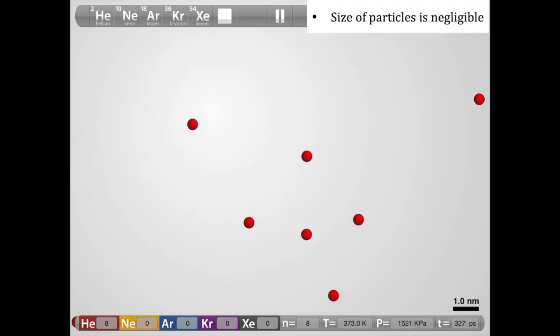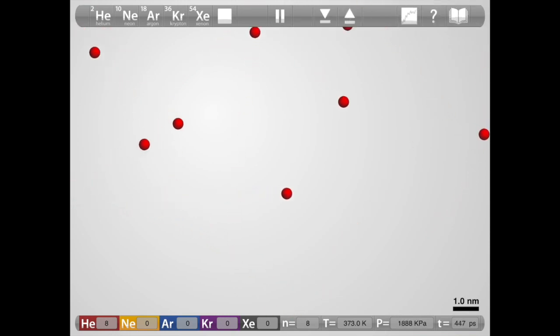Essentially this means that if you take the volume of each particle and combine all of them, and compare it to the volume of the container, the volume of the particles would be so tiny that we ignore it. So in all of the gas laws and equations that we derive and use in this chapter, we don't take into consideration the volume of the particles themselves.